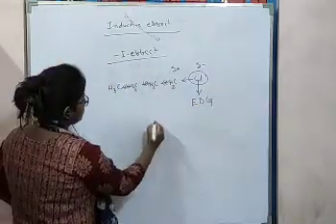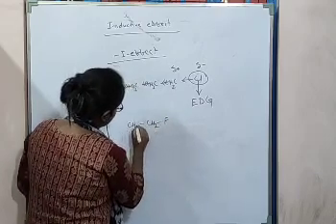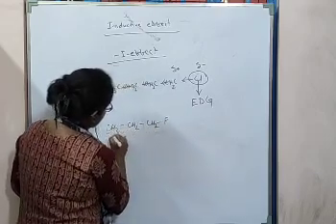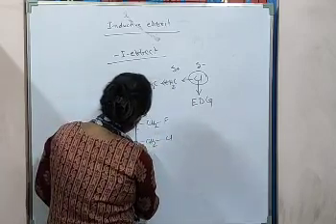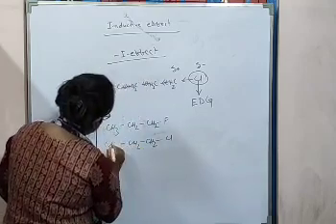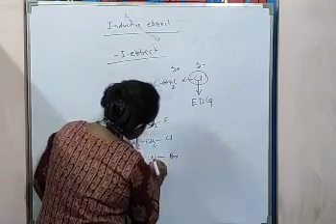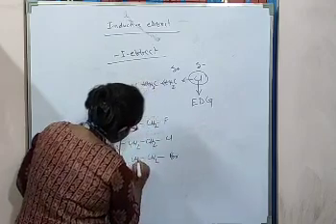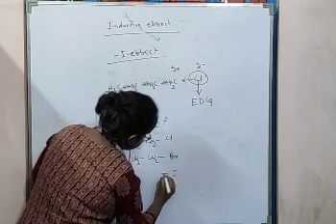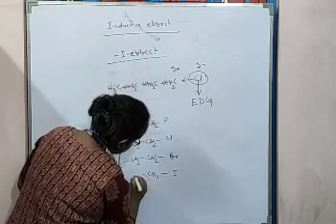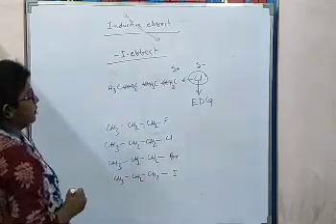Similarly, fluorine, chlorine, bromine, and iodine show the minus I effect.